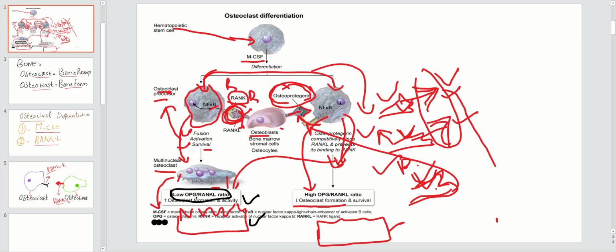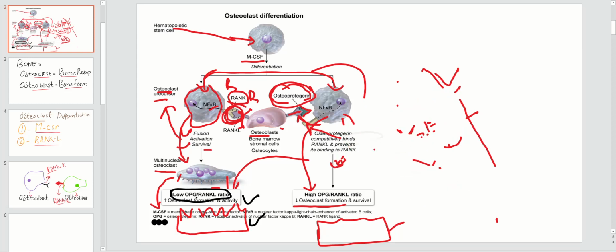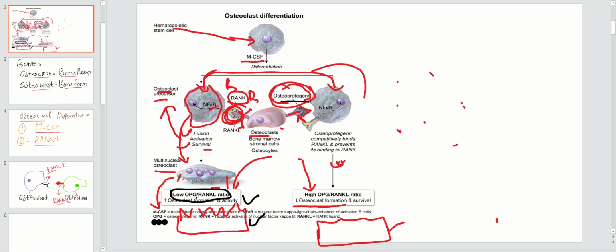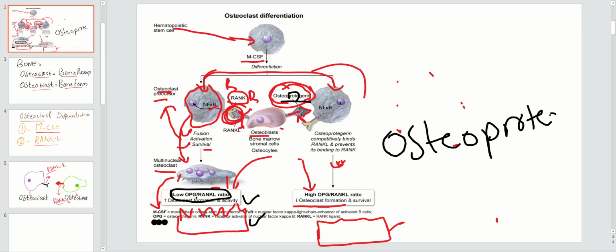Now how can you remember whether osteoprotegerin causes bone resorption or prevents it? A very easy way to remember this is in its name: osteo, that is bone, and protegerin, remember this as protect, so you can say osteoprotegerin is bone protector.